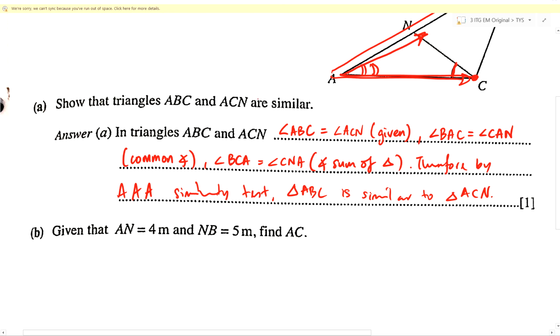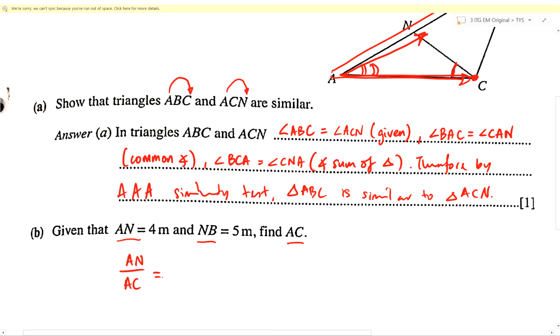We need to write down the corresponding sides as a ratio. Here we are given AN, NB, and AC. Definitely I want these to be inside my ratio. So let's start off with AN. AN is found in the smaller triangle, and its corresponding side will be AC.